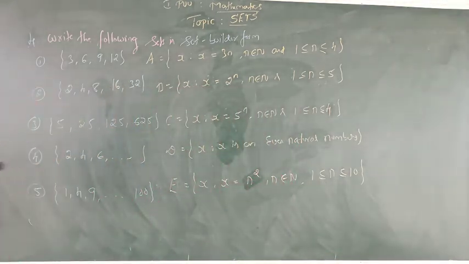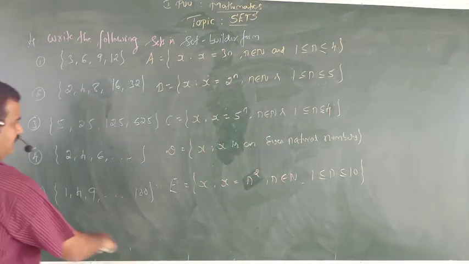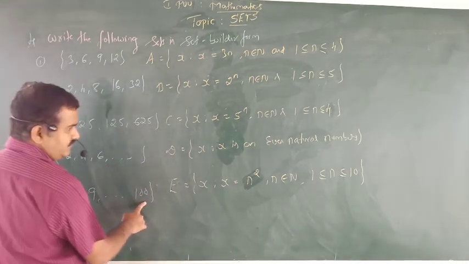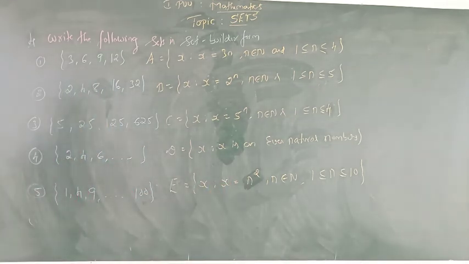So 10 square is 100. So I can go for 1 square, 2 square is 4, 3 square is 9, up to the last one, 10 square is 100. This is how we are going to write the set builder form.